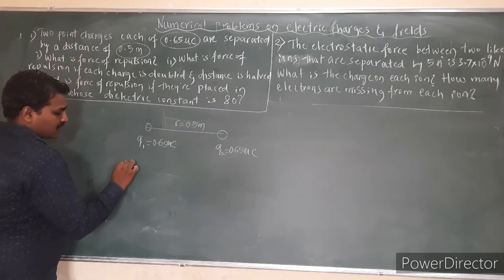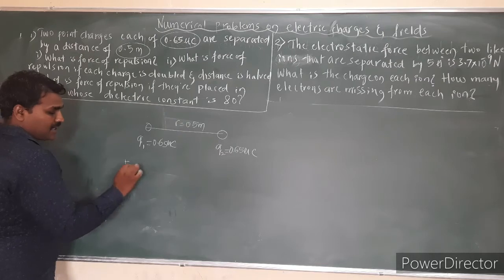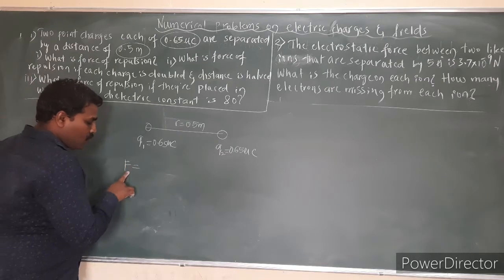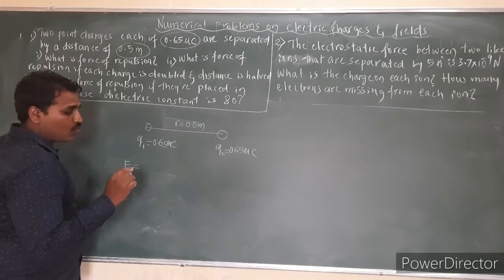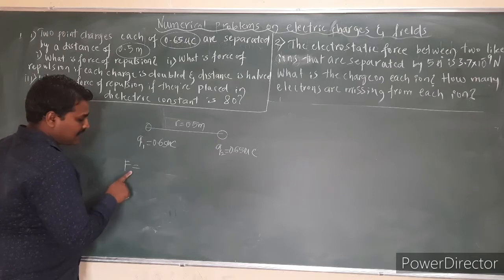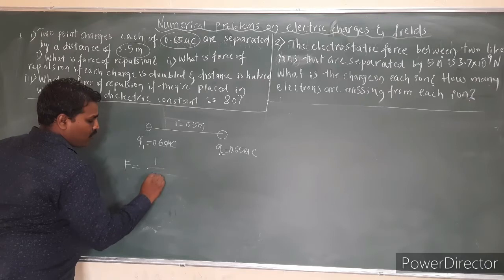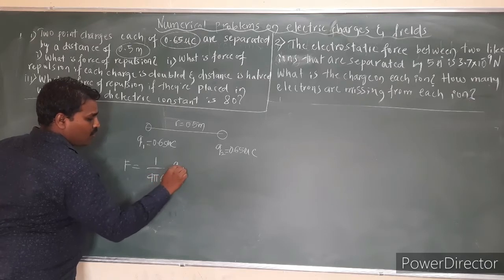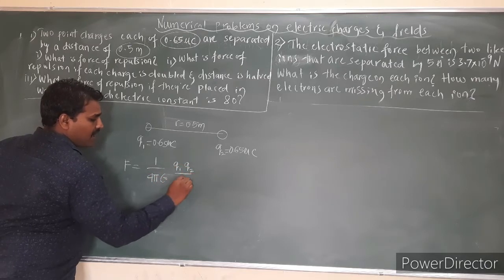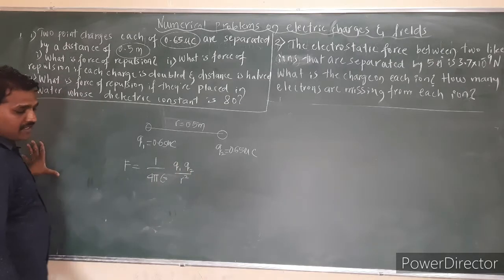Since both charges are positively charged, there is a repulsive force between them whose magnitude is given by Coulomb's law of electrostatics. I can write it as F equals 1 divided by 4 pi epsilon naught, Q1 into Q2 divided by R square. This is the basic equation I am using here.